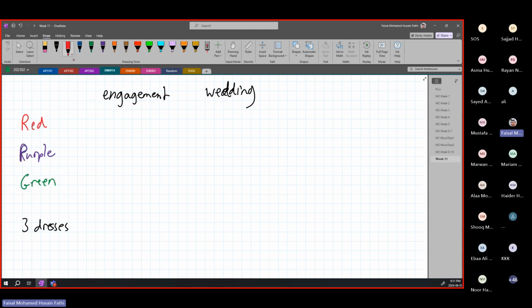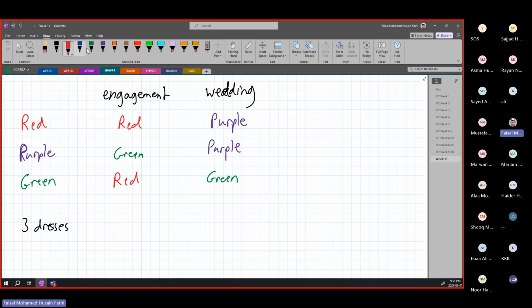You can either wear red for the engagement and then purple for the wedding. Because of course girls don't wear the same dress twice. Green for the engagement and then purple for the wedding. Or you can have red for the engagement and green for the wedding.